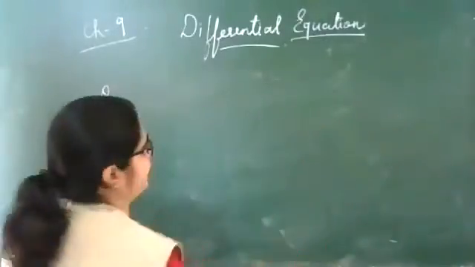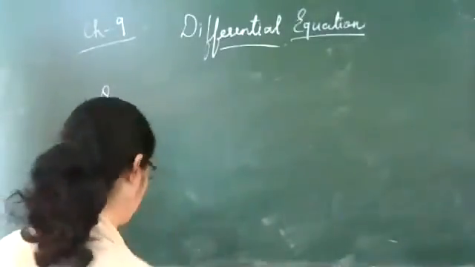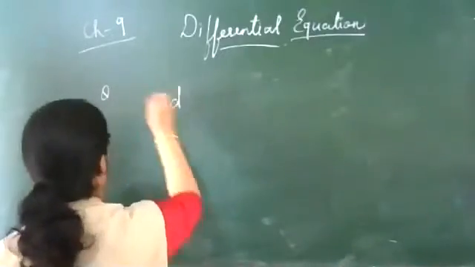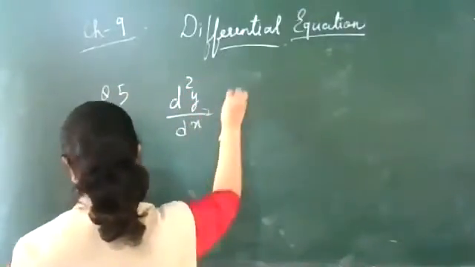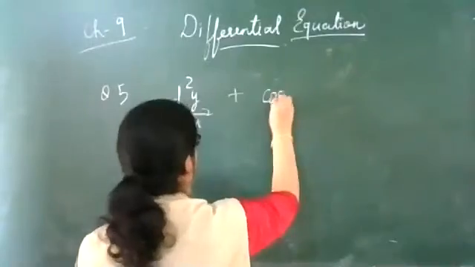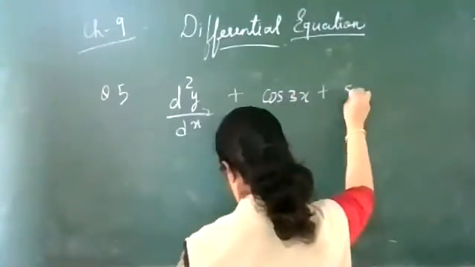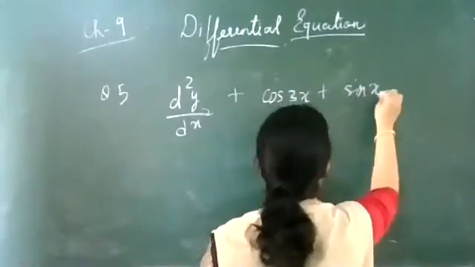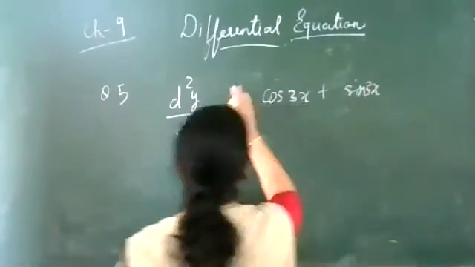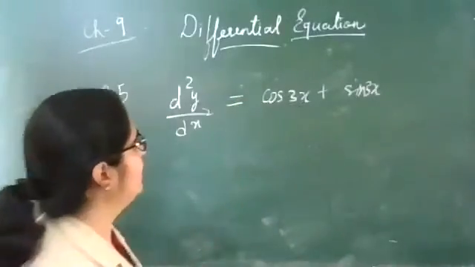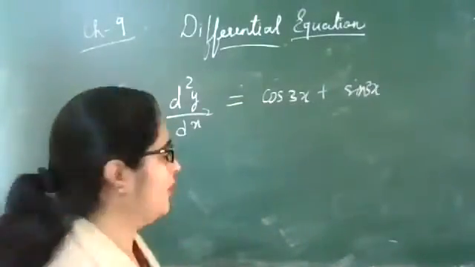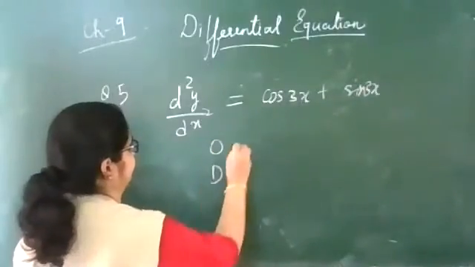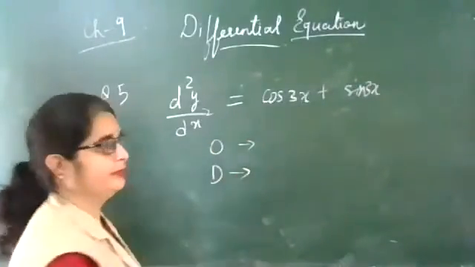You can write the explanation by yourself. 5 is d square y by dx square plus cos dx plus sin dx equal to cos 3x plus sin 3x. Now, what is the order and degree? Order is 2.